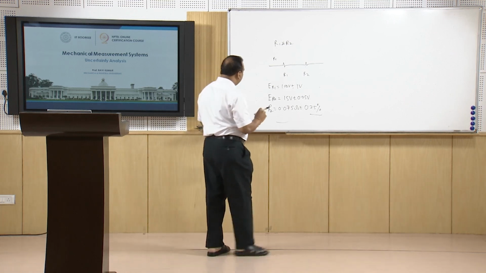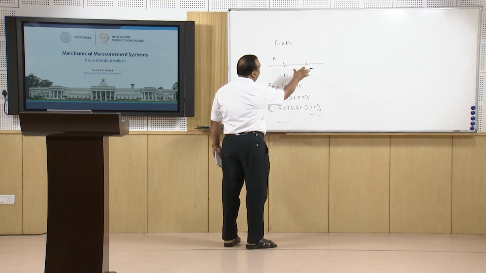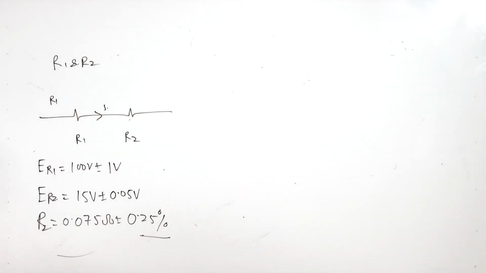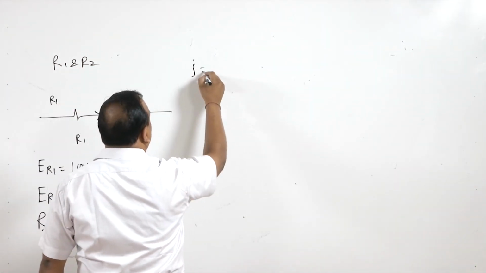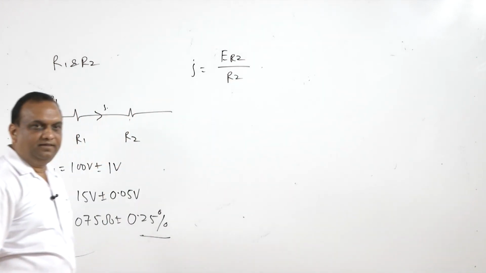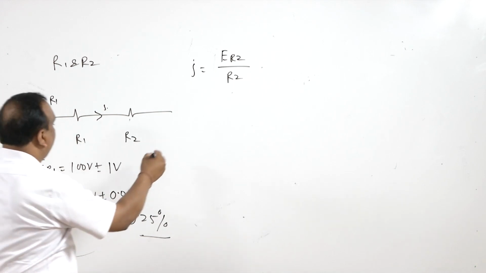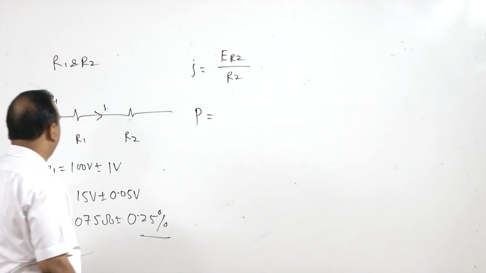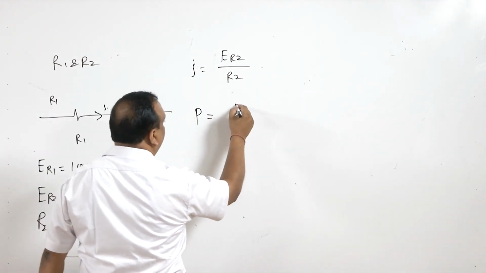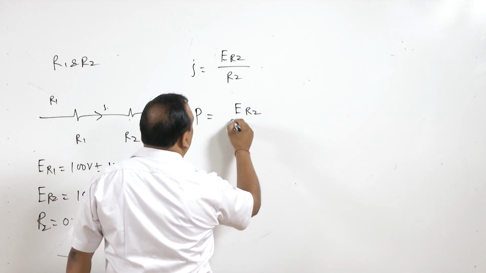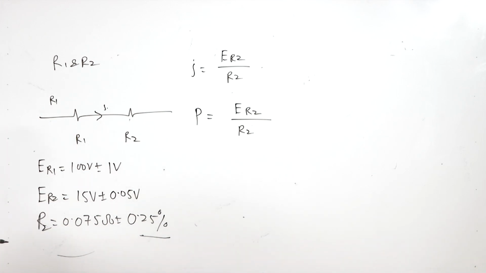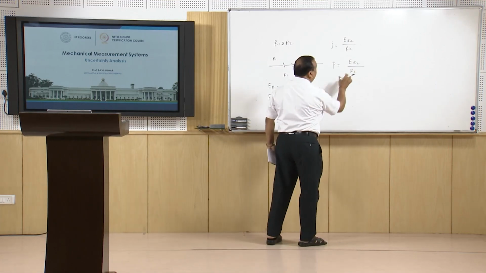Mathematically, it is very simple because once R2 is given, a voltage is given, we can always measure the current. And current is going to be same in both the cases. So current is E R2 divided by R2. And once we know the current, then we can always measure power dissipated in resistor 1. So I is E R2 by R2. Current multiplied by the voltage will give the power.